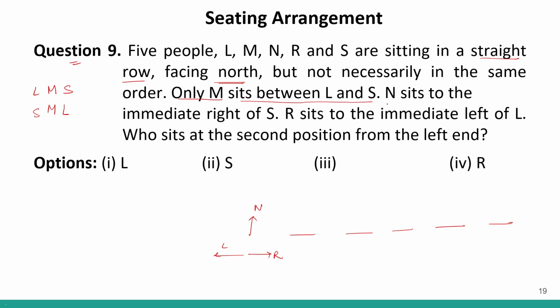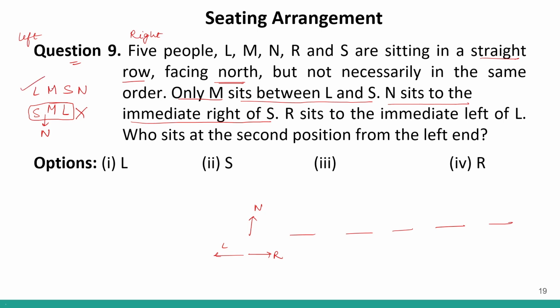Now, N sits to the immediate right of S. So, immediate right of S, over here I can put N. But can we put N in this position? No, because it is given to us that only M is sitting between S and L. Therefore, this is not the correct possibility.